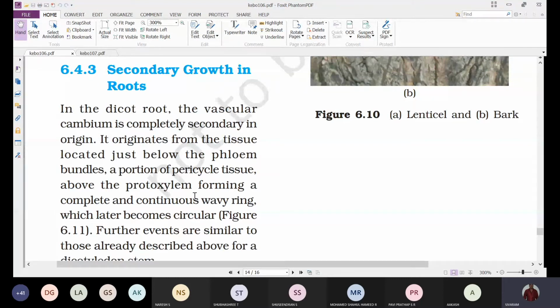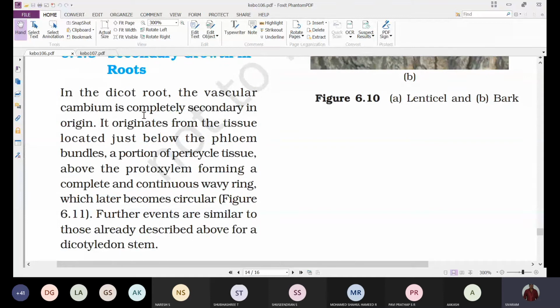In the dicotyledonous root, the vascular cambium is completely secondary in origin. When you observe a dicotyledonous stem, we observe some cambium which is developed from the primary meristem.